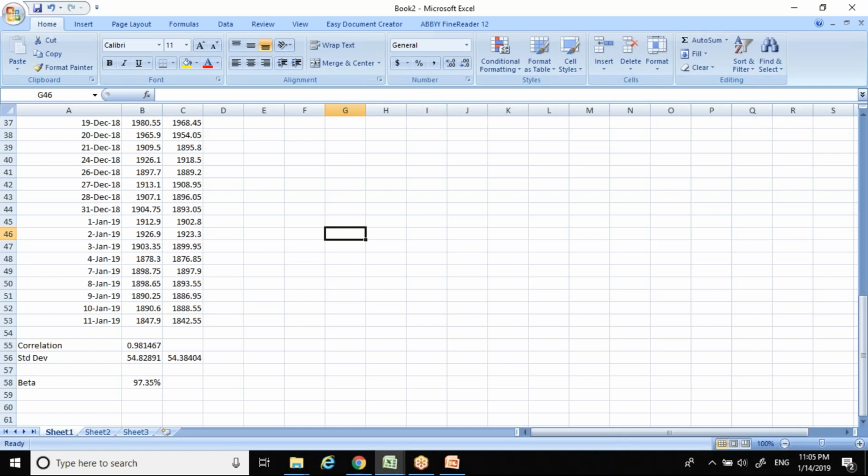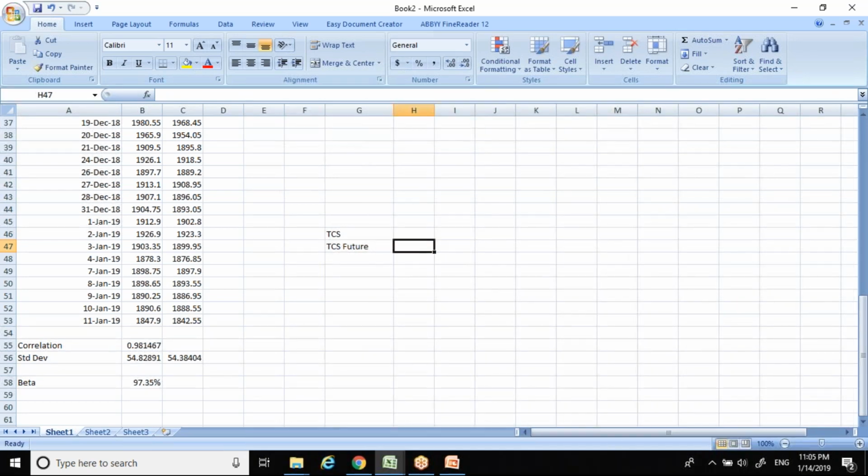Now let's take an example. Let's say you have TCS shares, and you have TCS future also. So assume that the beta is 1.